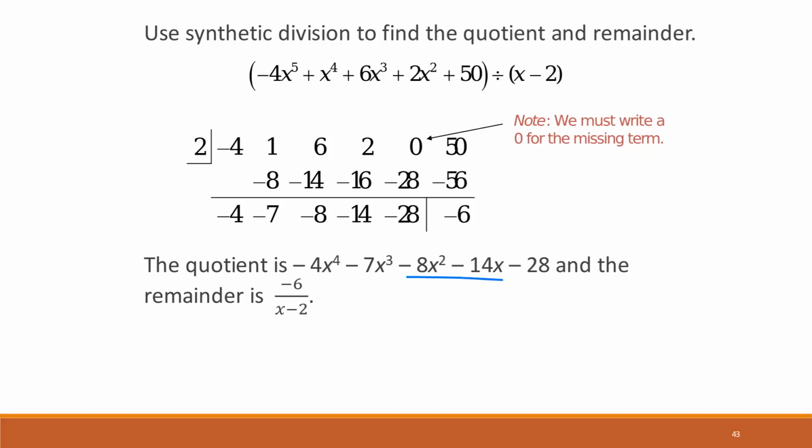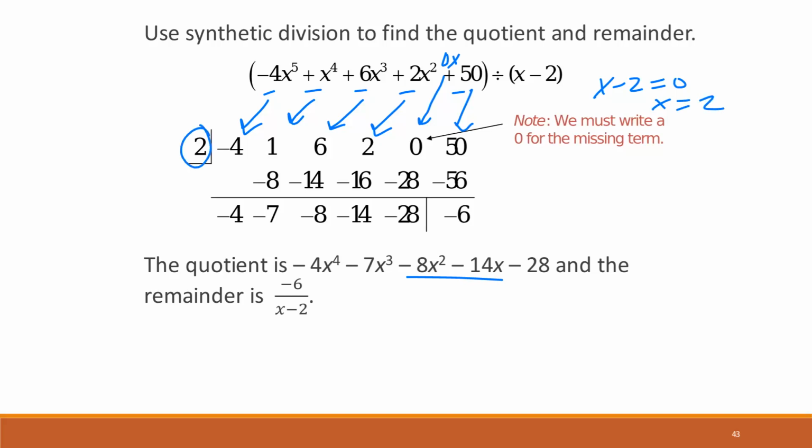So if we wrote just the coefficients here, we have negative 4. We have a positive 1 that we don't write. We have a positive 6. We have a 2. There's no x term, so we know that it's 0x here. So that's the 0 here, and then our c value. x minus 2 means that our x is 2 here.